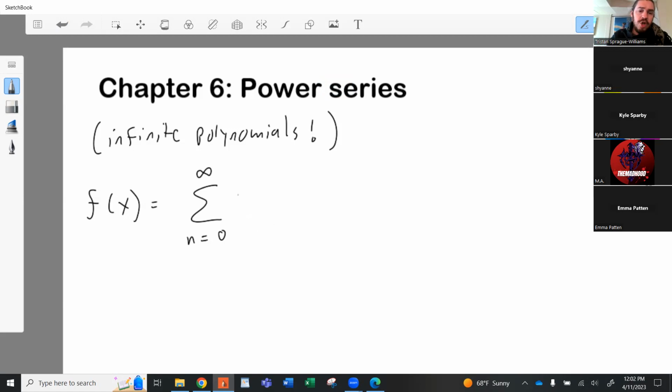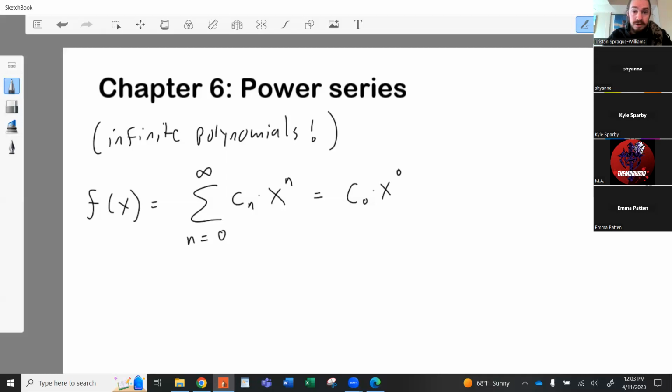And then we'll have some coefficient, which we'll call Cn, multiplied by a power function, x to the power n. So what this is going to look like is a C0, the very first number in this sequence called C, times x to the power 0. That's the first term. Now x to the power 0, remember, is 1.